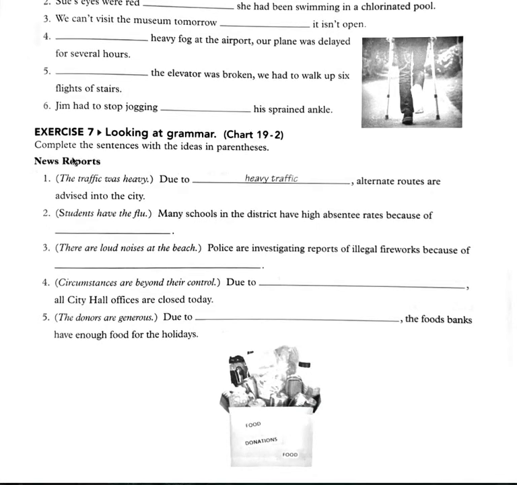In exercise 7 it says complete the sentences with the ideas in parentheses. So you're going to take the idea from here and change it into a noun object. Okay? Due to, and then you say the traffic was heavy. So you say, okay, due to heavy traffic, alternate routes are advised into the city.